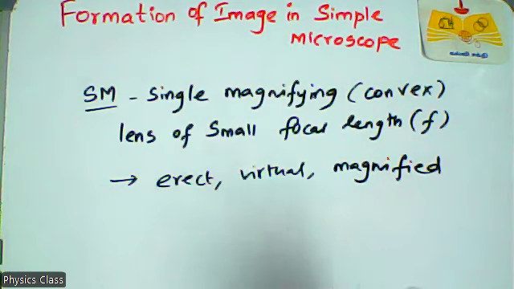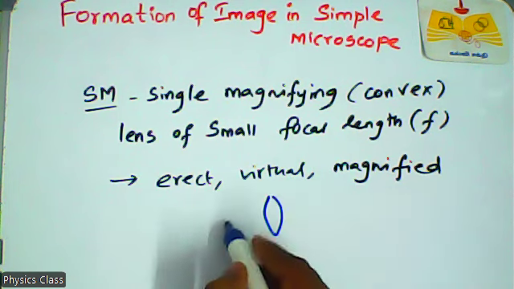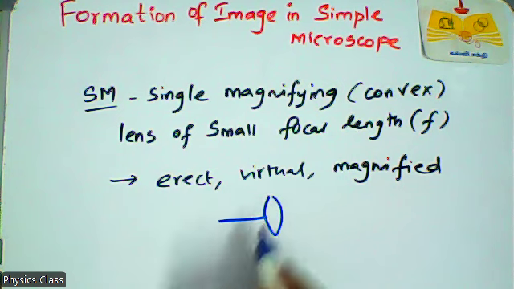We know convex lenses have small focal length. Hence, to produce an erect, virtual, magnified image, the object must be placed in front of the lens, but within the focal length f.